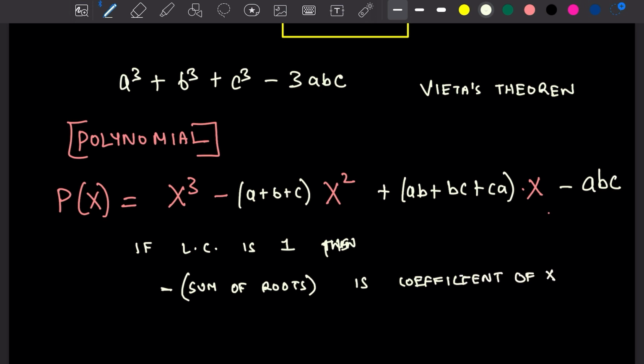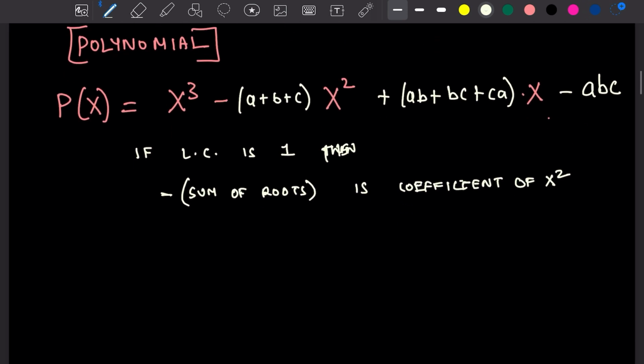So the number that is multiplied to x square is the negative of the sum of the three roots. It's a cubic equation, so by the fundamental theorem of algebra, there are three roots, real or complex. The negative of the sum of the roots is multiplied to x square.